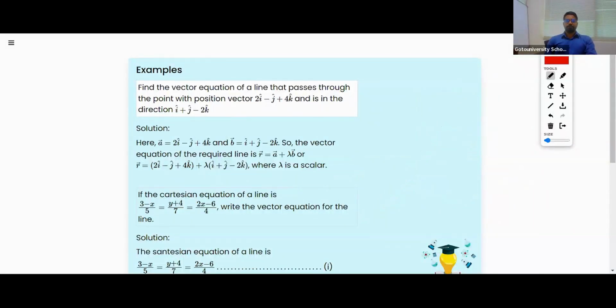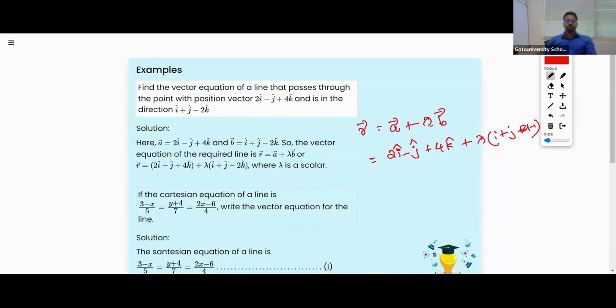So if you want the equation of our vector, which is vector A plus lambda vector B, the position vector they have given is 2i minus j plus 4k, plus lambda times the given vector which is parallel to this, i plus j minus 2k.